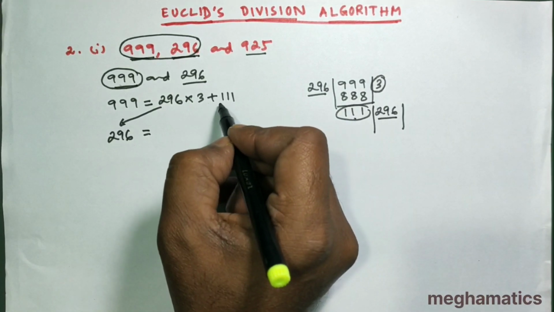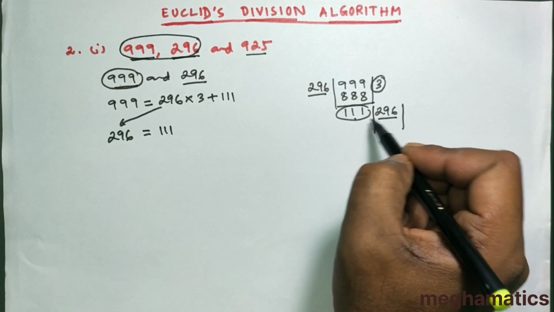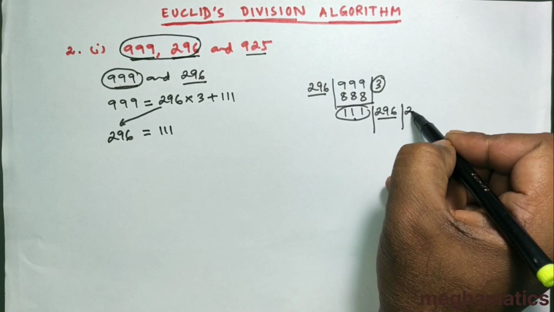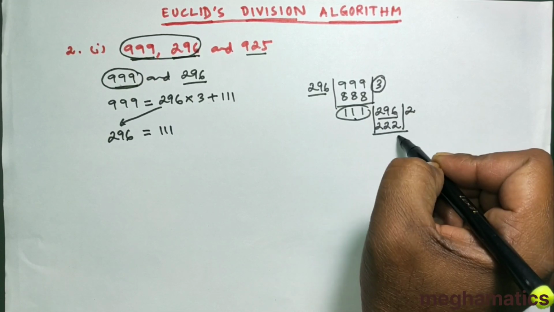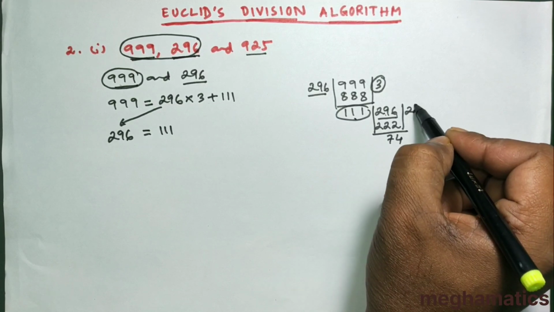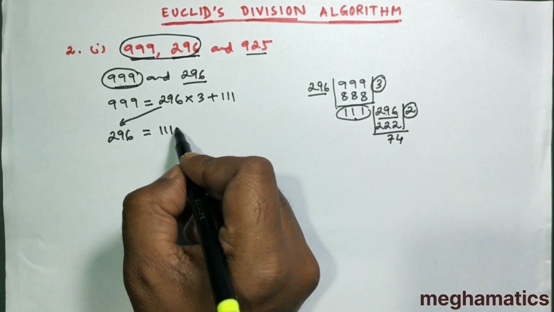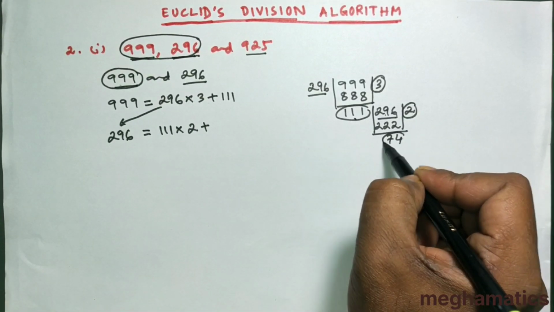In the same way 111 will come here. If we divide 296 with 111, we'll get 2 times here, that is 222. If we subtract, 6 minus 2 it is 4, 9 minus 2 it is 7. So the quotient is 2 here, so it is 111 into 2 plus, and the remainder is 74.